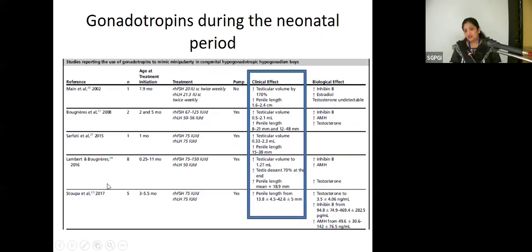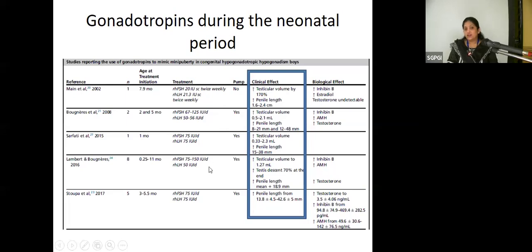The last slide is about, as we were discussing, the window of mini puberty. So researchers have used this window to see if treating with something other than testosterone will help the child better.